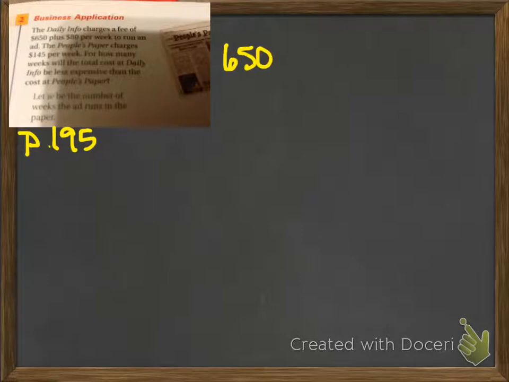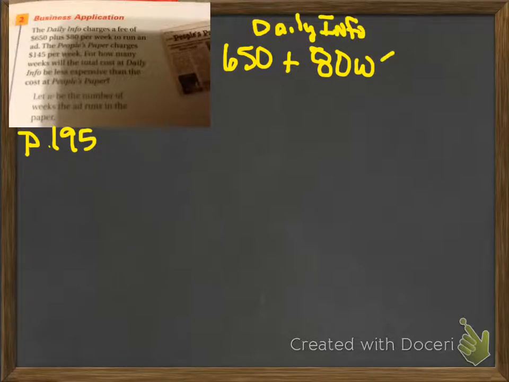Well, let's start setting this up. You're paying $650 plus $80 every week. And you want that to be less than, and that's at the Daily Info, the $145 that you will pay every week at the People's Paper. So, how do we solve this?